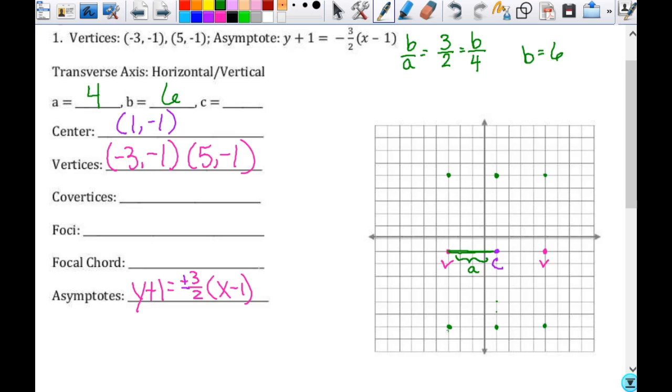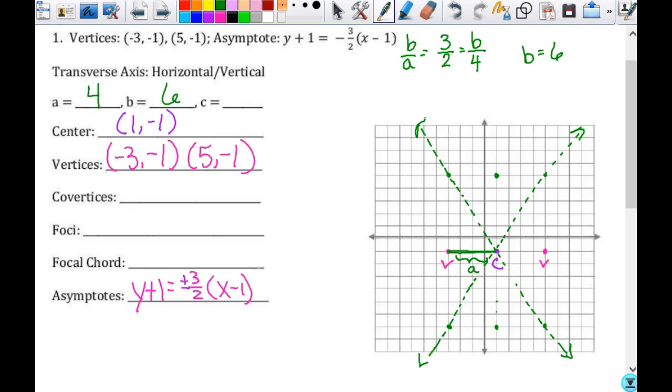We'll go ahead and graph the asymptotes then. Here's my asymptotes. I would suggest you use a straight edge. I can't make mine straight and dotted at the same time on this. So there are my asymptotes.